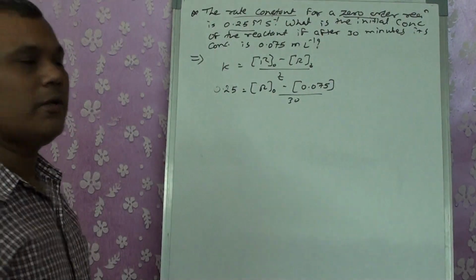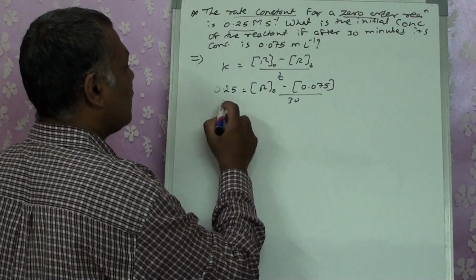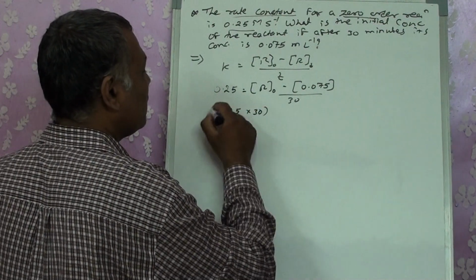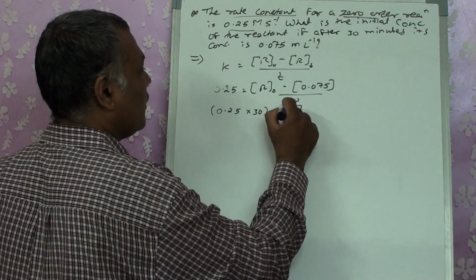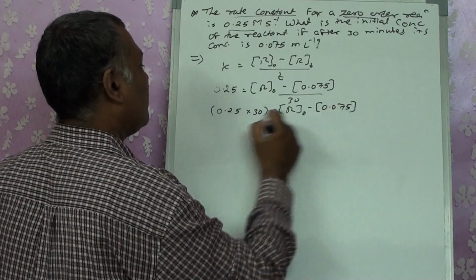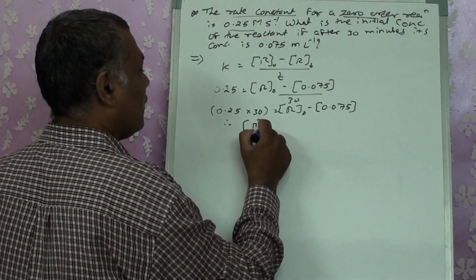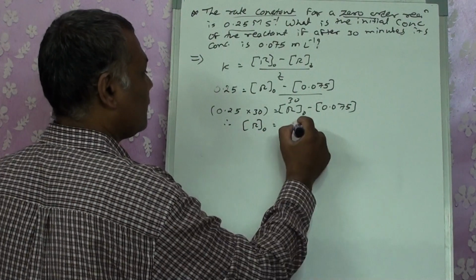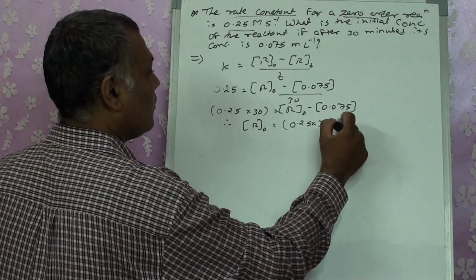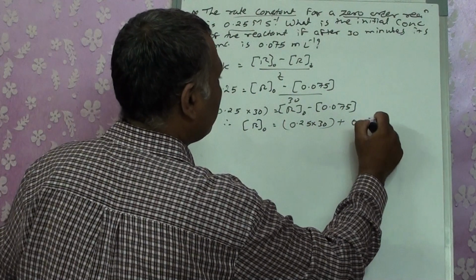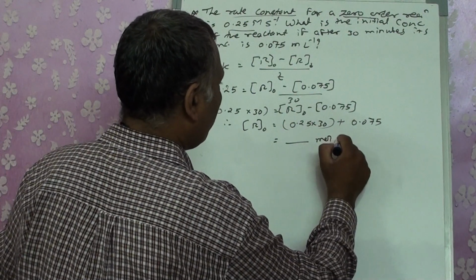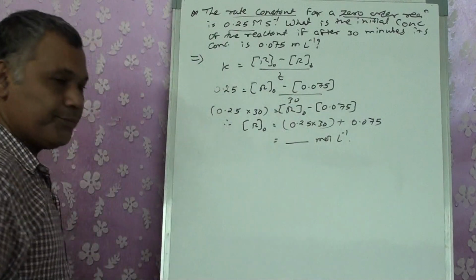Now it's a simple calculation: 0.25 into 30 equals R0 minus 0.075. Therefore, R0 will be equal to 0.25 into 30 plus 0.075. That will be in mole per liter.